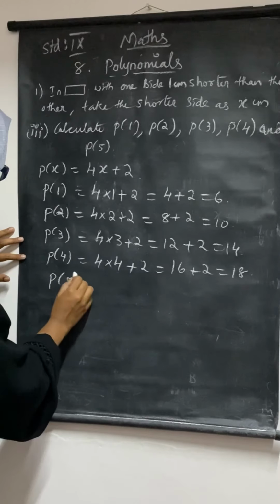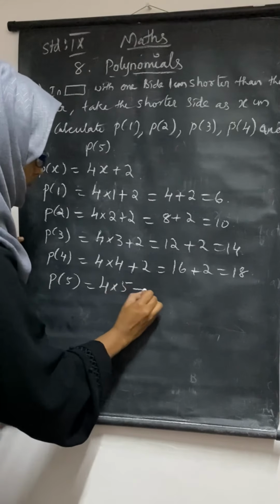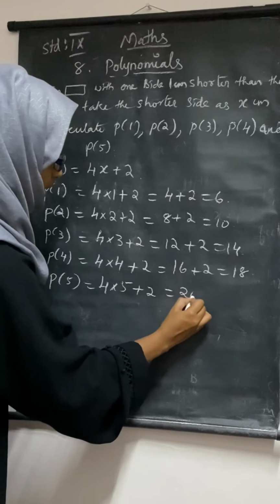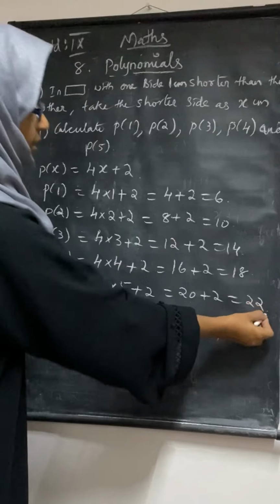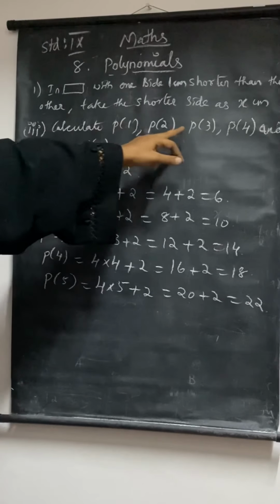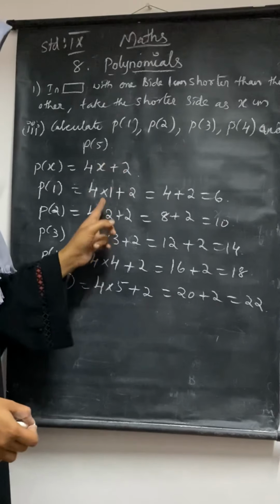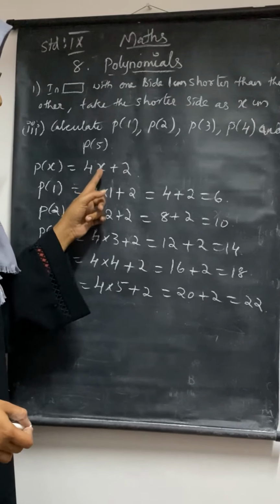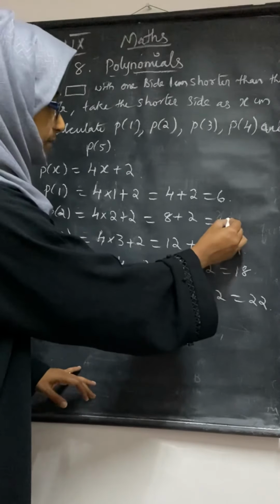Last, p of 5 is equal to, so x became 5 now, so 4 into 5 plus 2, 4 5s are 20 plus 2, 22. So this is the way. So whenever p of 1, p of 2, p of 3, whatever number they give, if it is minus also, you have to put that value instead of that x and you have to substitute and find out the answer.